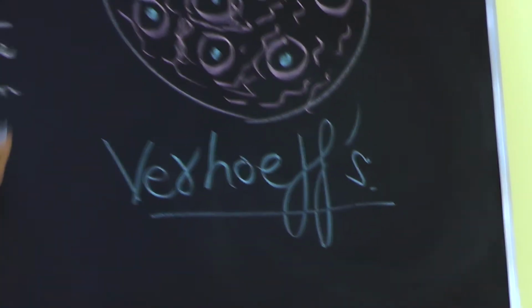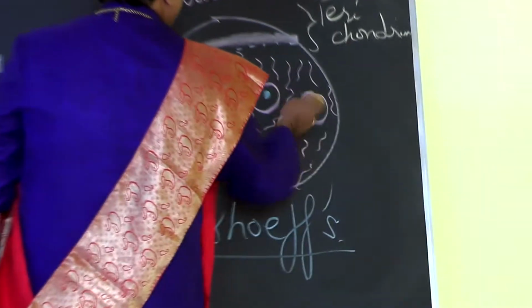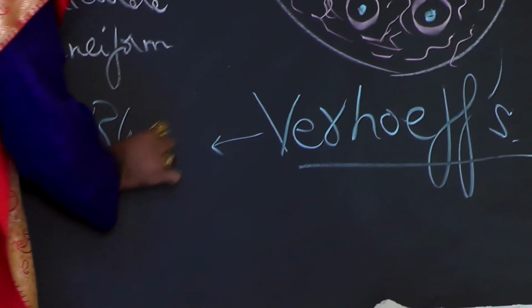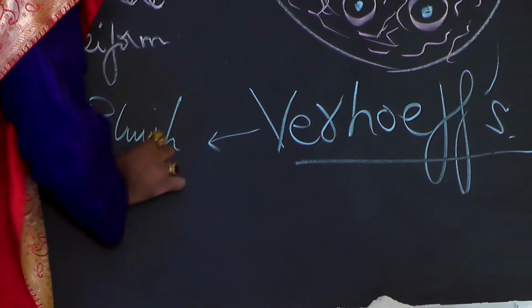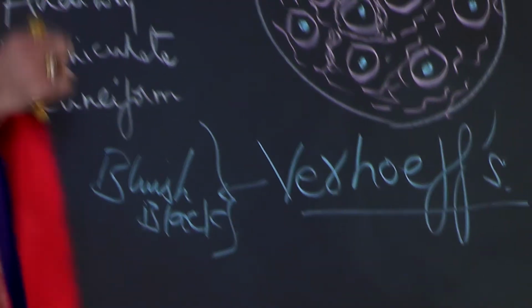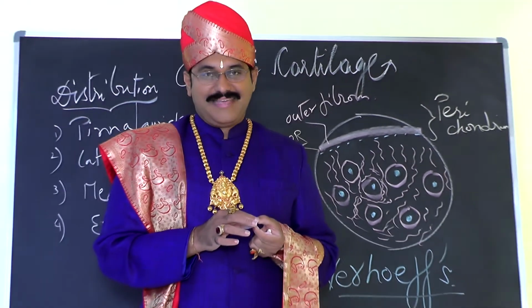When you use Verhoeff's method of staining, you see these elastic fibers bluish black in color in the elastic cartilage. Are you able to follow? Thank you.